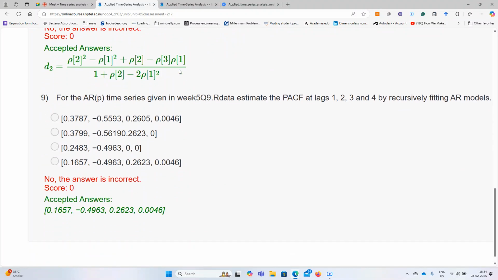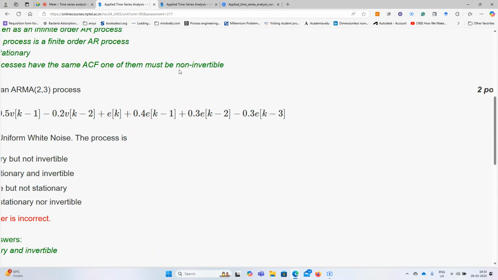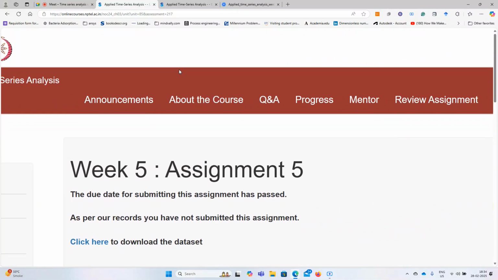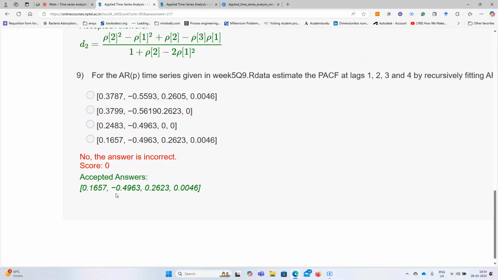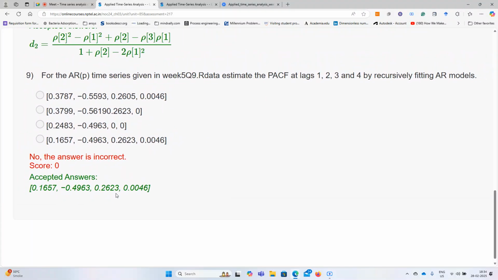For the AR process time series given in week 5, question 9, this is the data that has been given at the top. For this database, estimate the PACF, partial autocorrelation function at lags 1, 2, 3, and 4 by respective fitting of AR models.